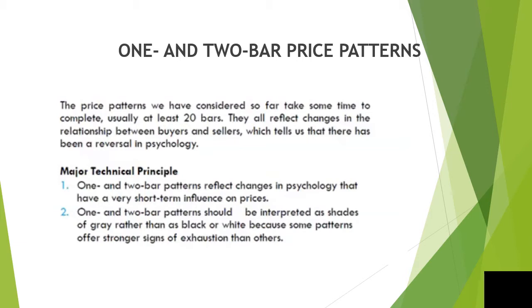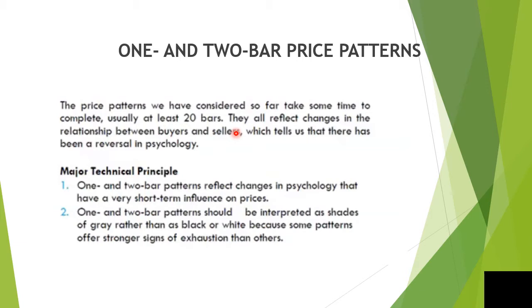The price patterns we have considered so far take some time to complete, usually at least 20 bars. We recall again, we have 4 types of chart: line chart, bar chart, candlestick chart, and also point and figure chart.